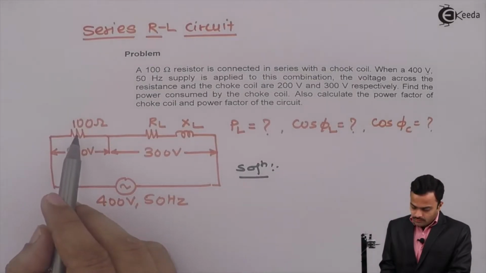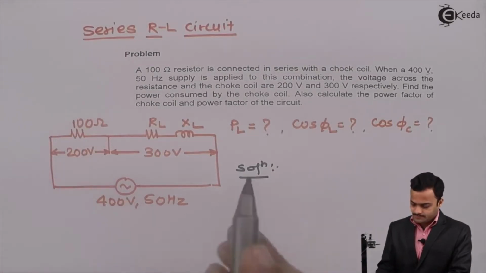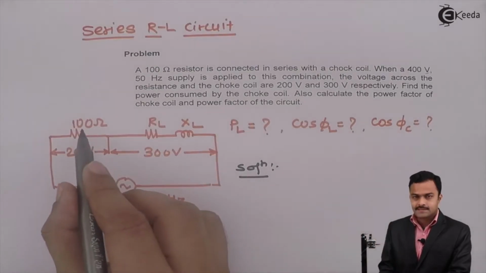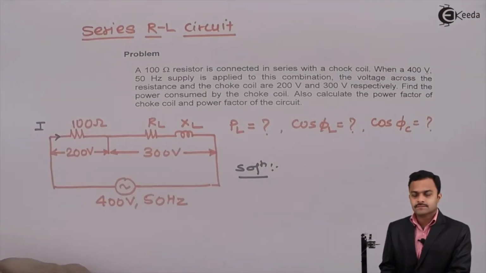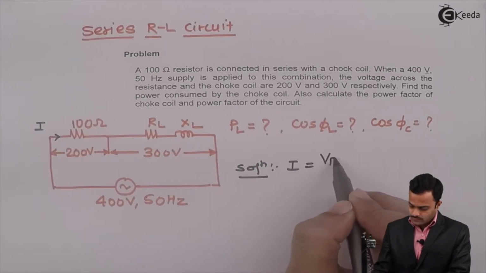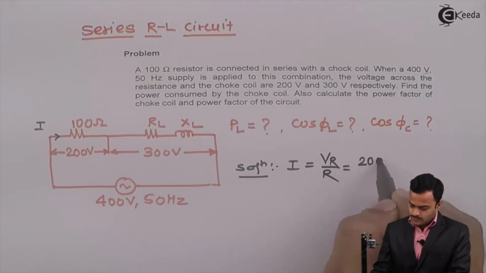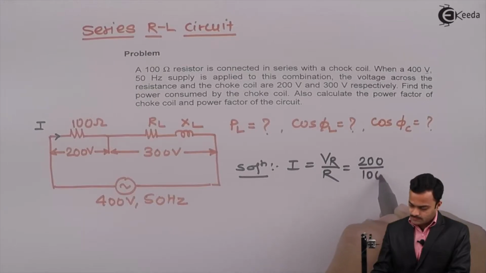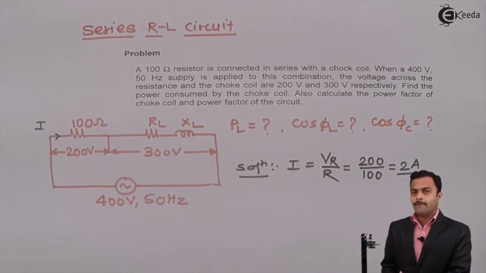I know voltage across this 100 ohm is 200 volt and resistance 100 ohm, so I can get this current I by using Ohm's law. So I is equal to VR by R, 200 divided by 100, which is equal to 2 ampere.